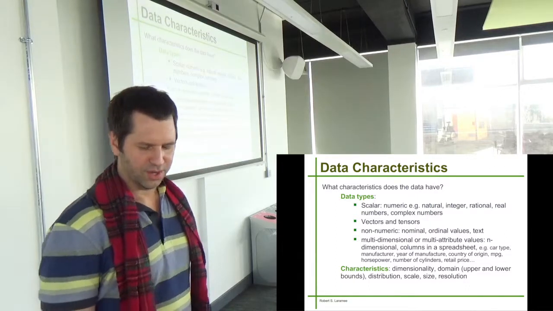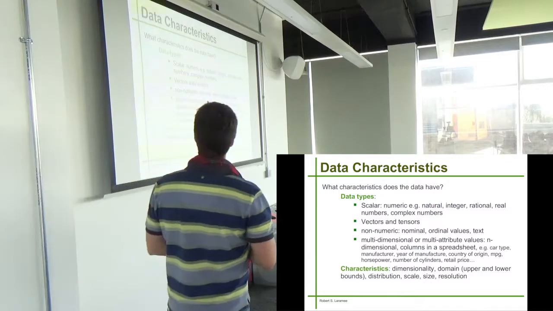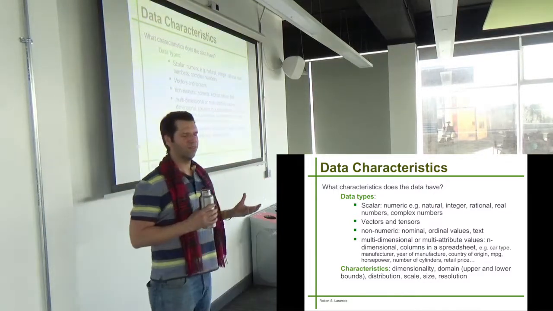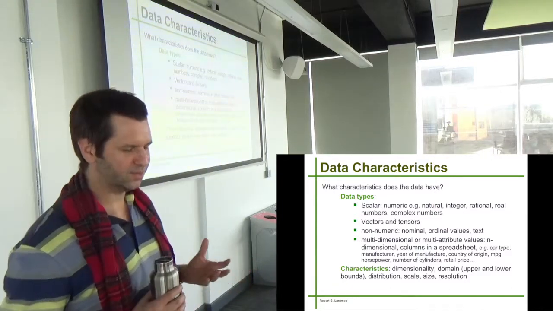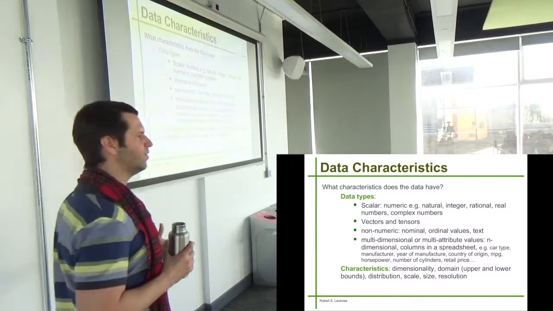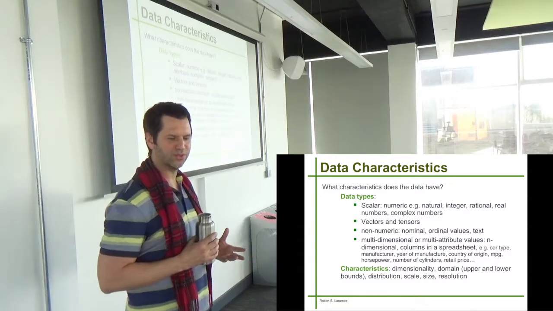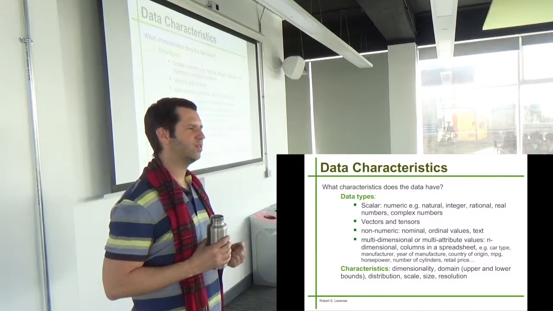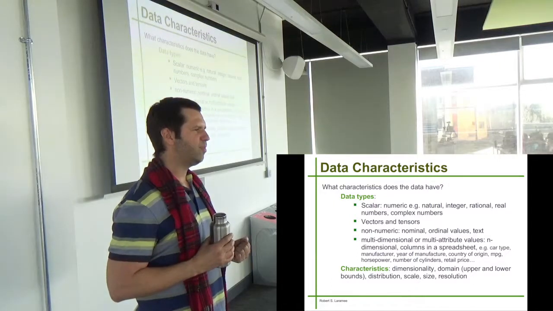Right, data has a lot of different characteristics. The data that we usually think of is scalar data or numeric data. There are different kinds of numbers: natural numbers, integers, rational, real numbers. Anybody know what a natural number is? Any mathematicians?